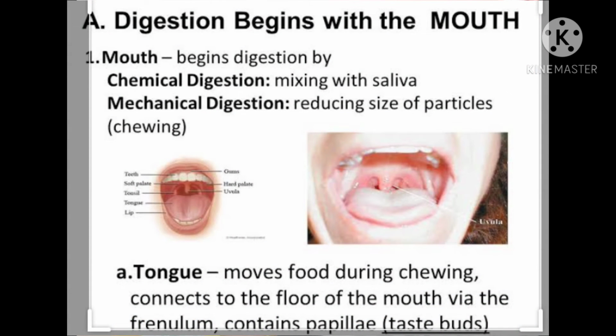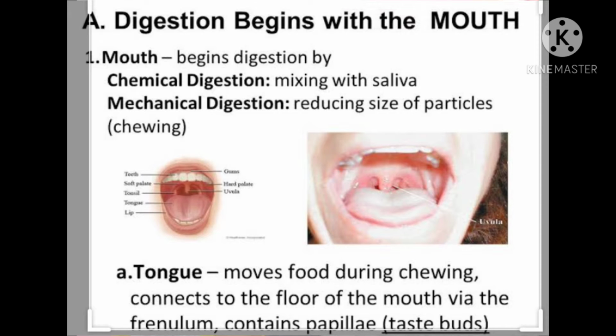Now we will learn about the tongue. The tongue is a muscular organ in the mouth that helps in mixing the saliva with the food, and the taste buds on the tongue help to recognize the taste of the food. So this was all about the mouth.